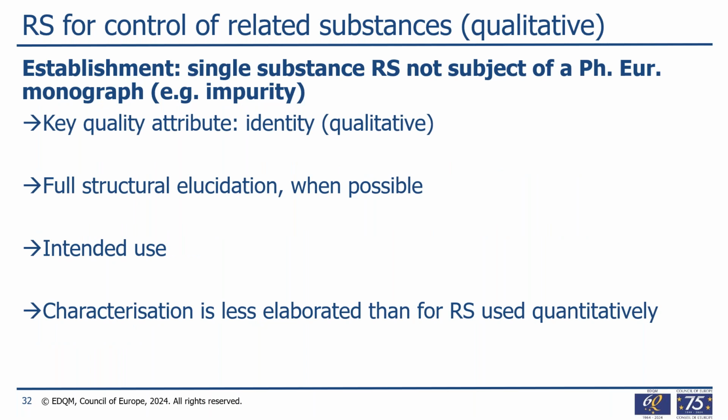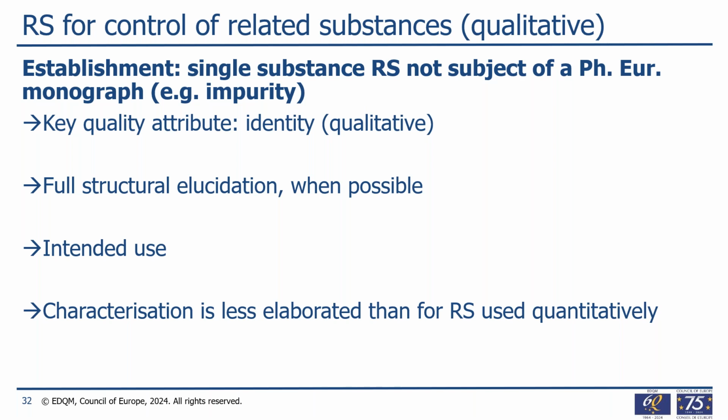The establishment of both types, so the single substances or the mixtures, are quite different, so I'll discuss them separately. For the single substances, the key quality attribute is of course the identity, because they only have a qualitative purpose. And therefore, again, we would verify the identity by any means possible.